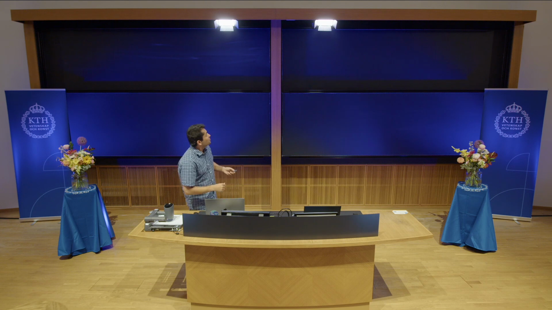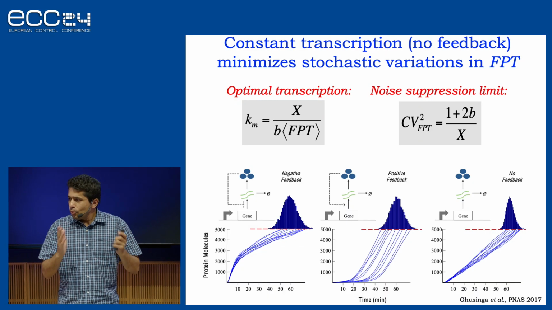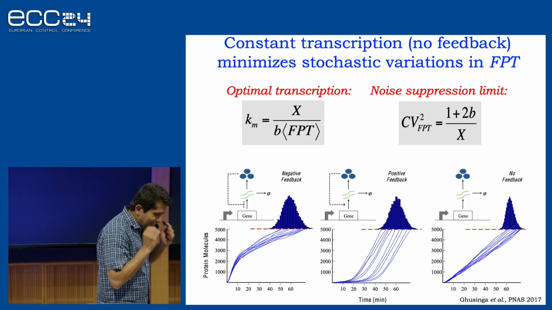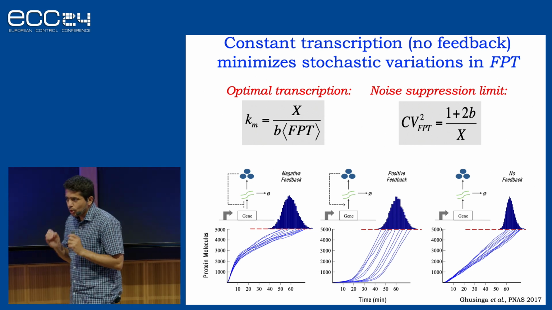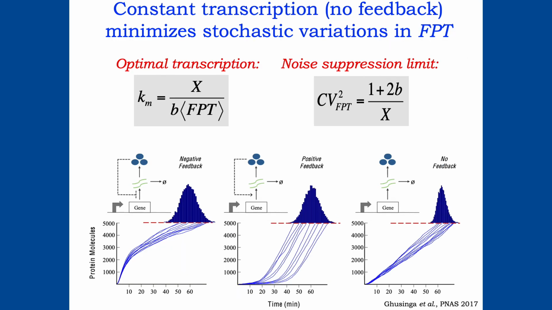Mustafa? Okay. So the idea is that, the surprise, in this case, feedback will make it worse. So what we showed is that for a stable protein, that's a long half-life protein, no feedback is the optimal feedback for the lowest noise in timing. And here are some simulations with negative feedback, positive feedback, and no feedback.